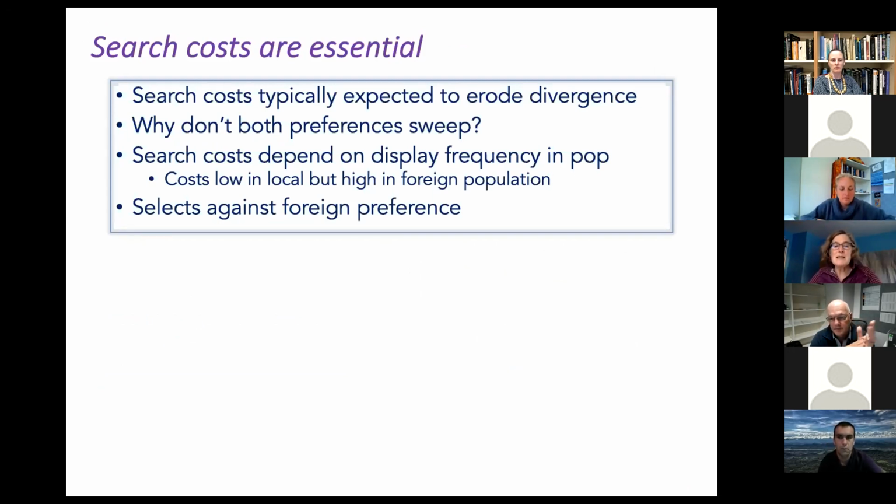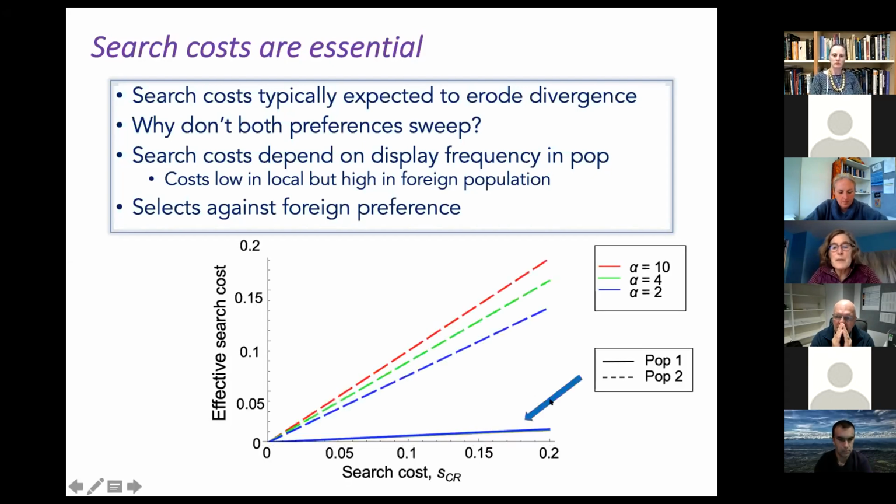And it seems that that's caused because the search costs actually depend on the display frequency in the population that you're focused on. And the figure below shows how this might occur. So the x-axis here is search costs as we apply in the model, and this is the effective search cost as experienced by females in the populations.